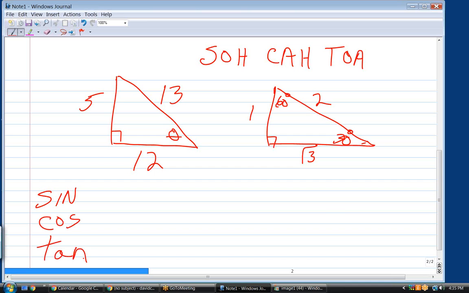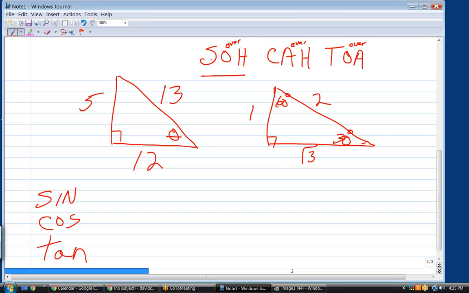Okay? And what the SOH means is that the sine is the opposite over the hypotenuse. There's a little over in each of these. And the O does not stand for the over. The O always stands for the opposite.